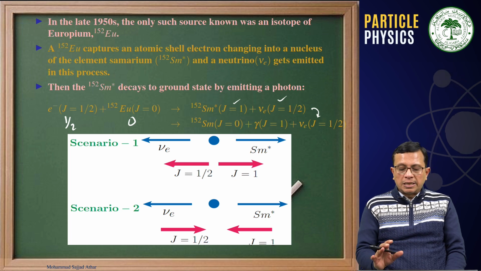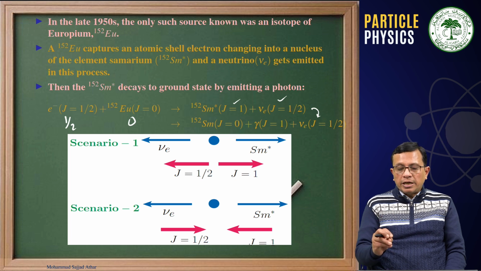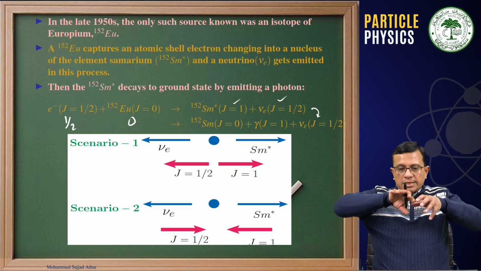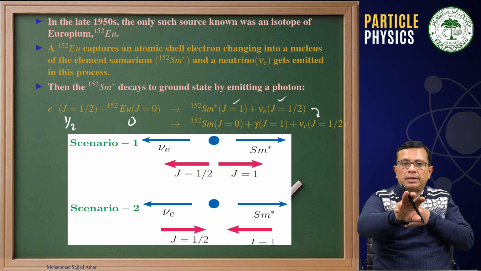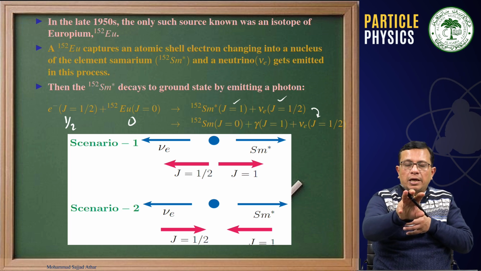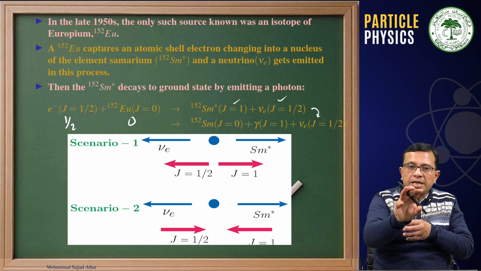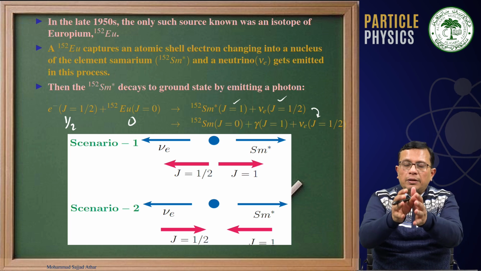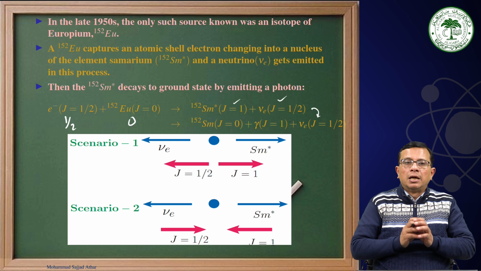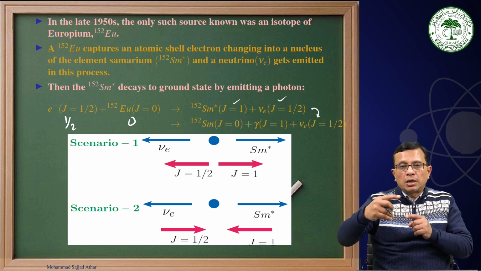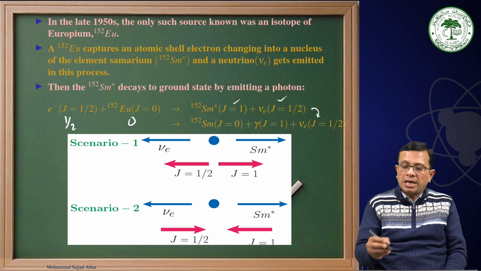Up to this point, everything is fine. Now you see what I am telling you, that this samarium star is emitting a photon. It is moving ahead, like this samarium star is going like this. In the meantime, it is going to the ground state by emitting a photon. Now, if it is emitting a photon, the photon will move in the forward direction along the direction of the samarium star to conserve momentum, and it will take the angular momentum.